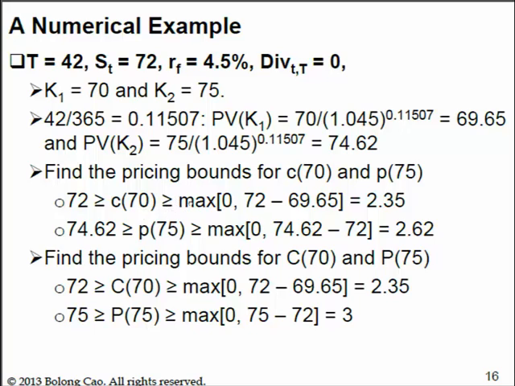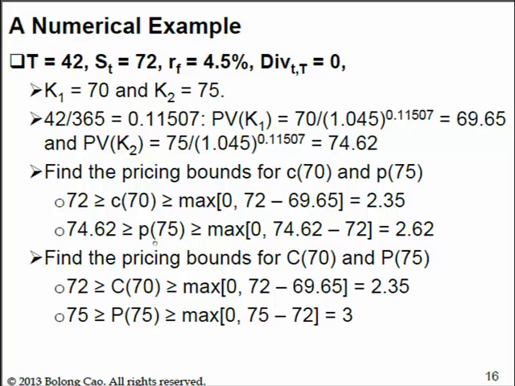The lower bound is the maximum between 0 and the spot price 72 minus the present value of that $70 strike, 69.65, which is 2.35, so $2.35. So for the European call with a 42-day expiration, it has an upper bound of $72 and a lower bound of $2.35.